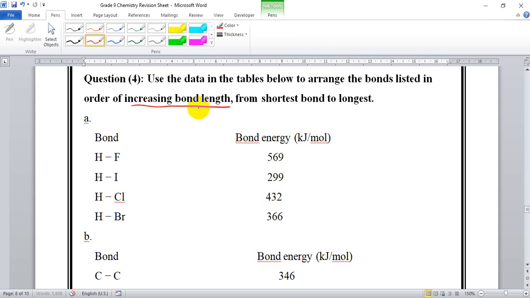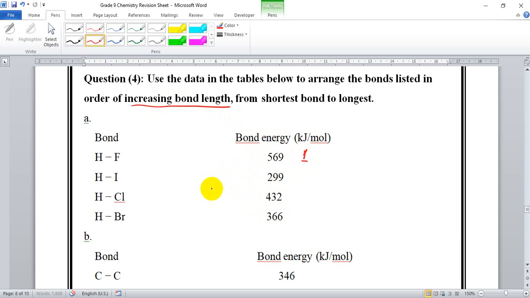We mentioned before that more bond energy means less bond length. Higher bond energy, less bond length. So which is the higher one here? 569 is the highest bond energy, so it will be the least bond length. So this is number 1.